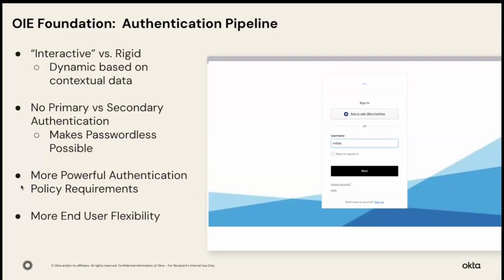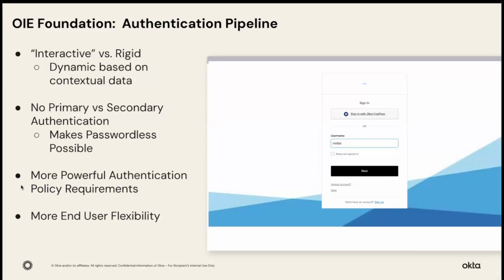If you wanted to do passwordless in Classic, there was only one way to do it, which was a factor sequencing setup where you would have to explicitly define this authenticator, then this authenticator, and if you're not careful, you can really paint yourself into a corner with those.